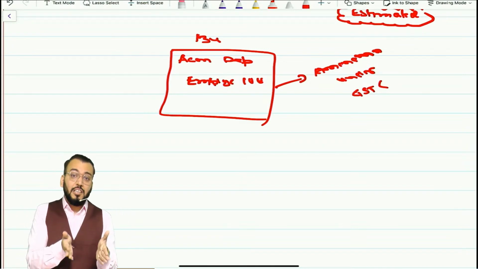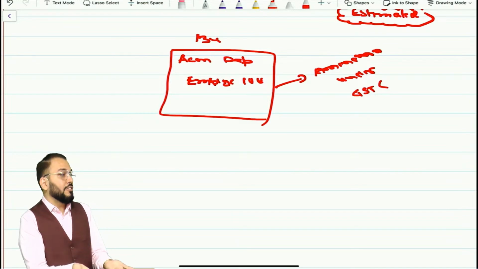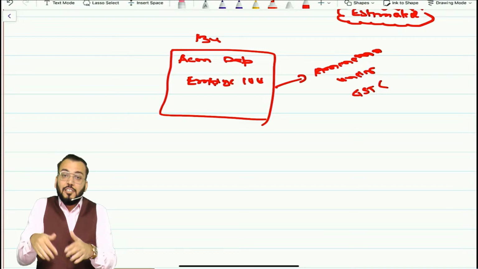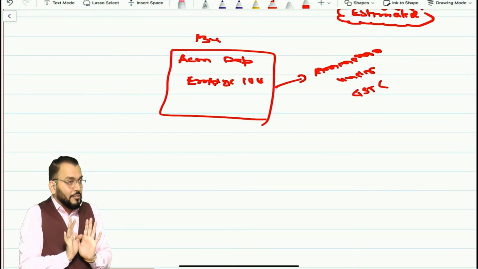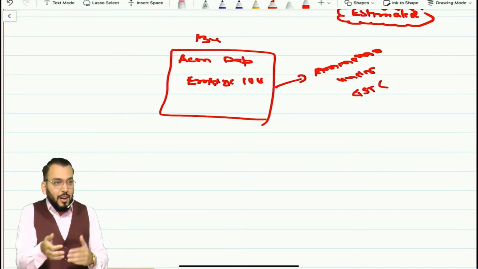Before GST I used to file all the returns on my own. Then GST came, and I have never read GST and I am not trained in GST. So now I have transferred all the work to one of the CAs. It means some training is required, then only I can file returns under GST.